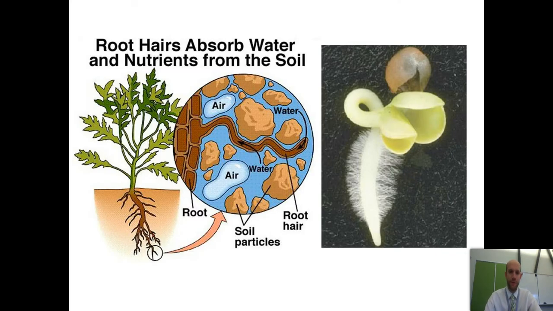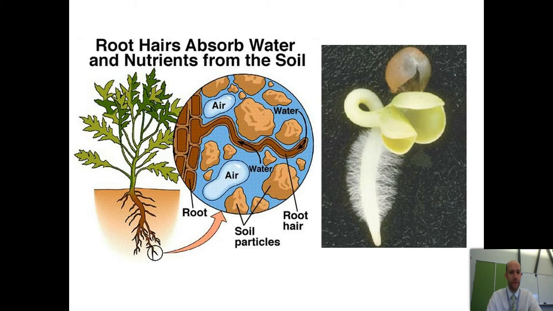This starts off with root hair cells of the roots. These are cells that have these long hairs coming off them, massively increasing their surface area. This enables the plant to take up as much water as possible by osmosis. In order to do this, the plant will pump mineral ions by active transport into their root cells.